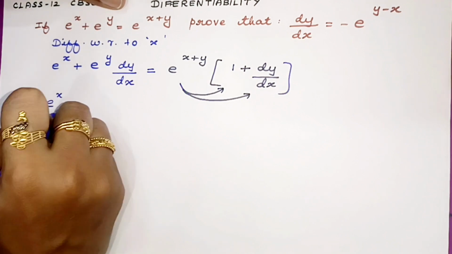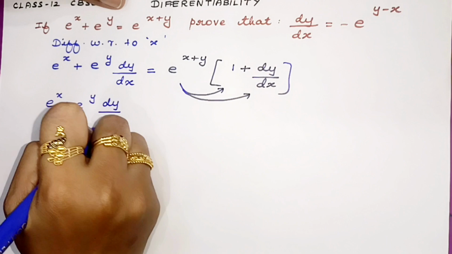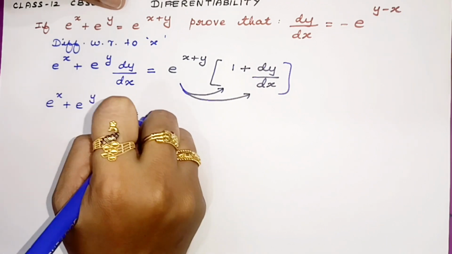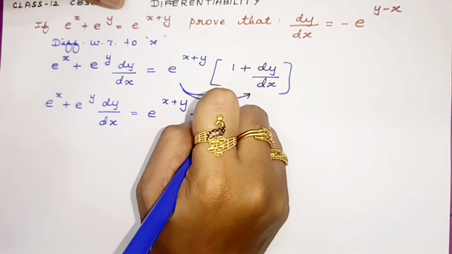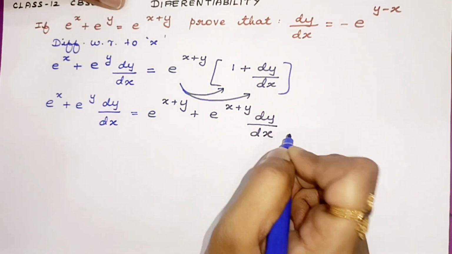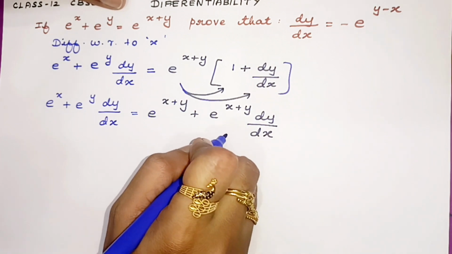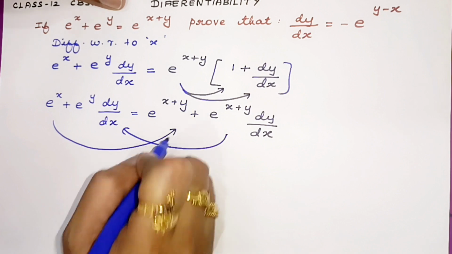So, e power x plus e power y dy by dx is equal to e power x plus y plus e power x plus y into dy by dx. We have to keep the dy by dx terms on one side and the other terms on the other side.